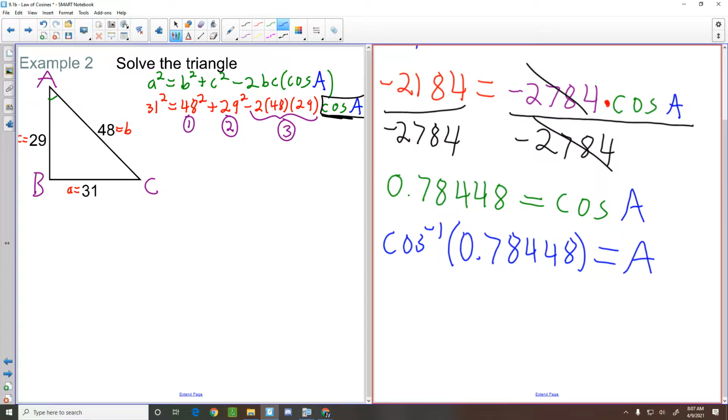On your calculator, you can just hit second answer, and it will use the whole decimal already for you. And I got angle A is approximately 38.3. Anyone else get something close to that? Close to 38.3?